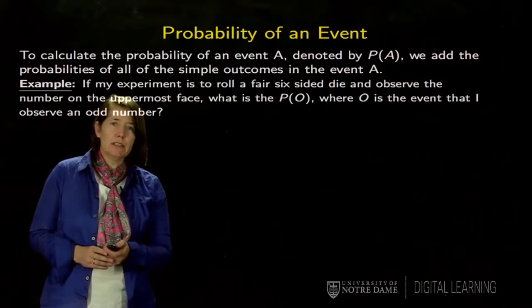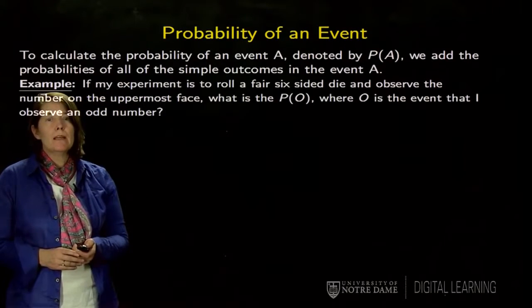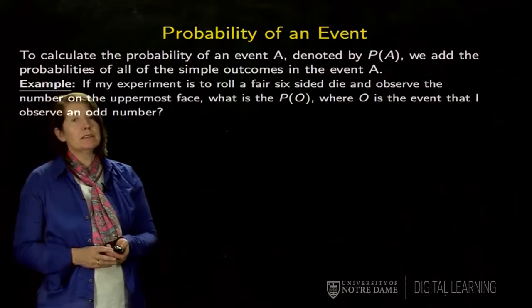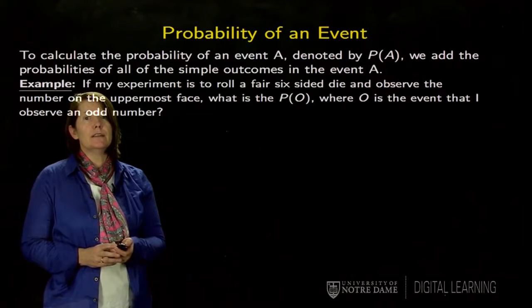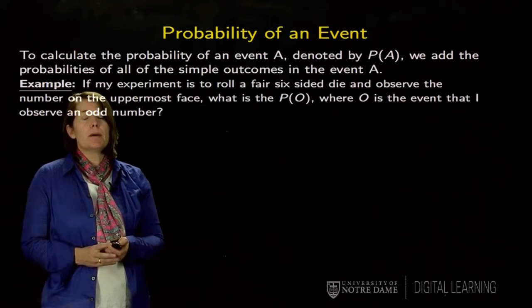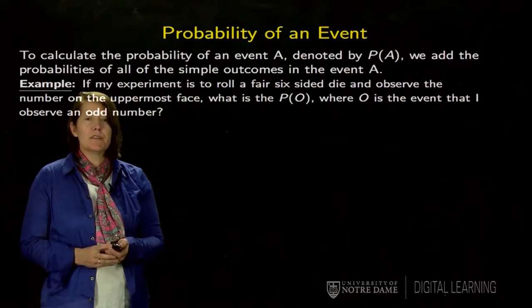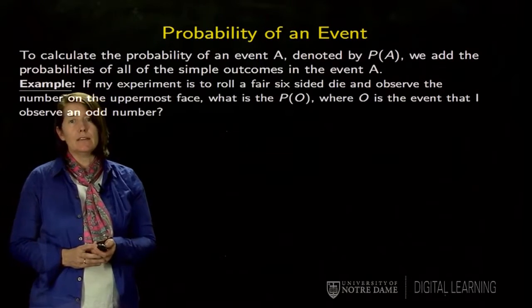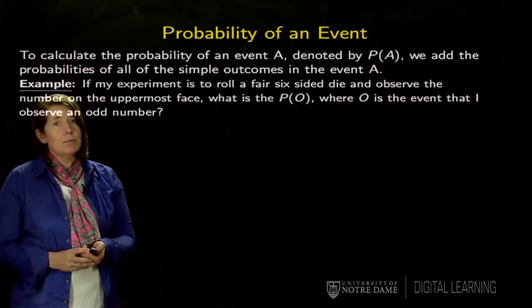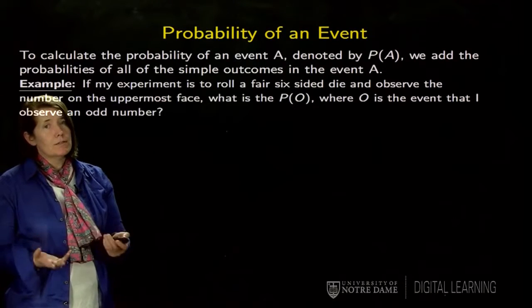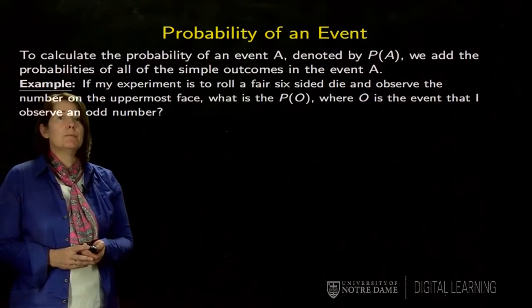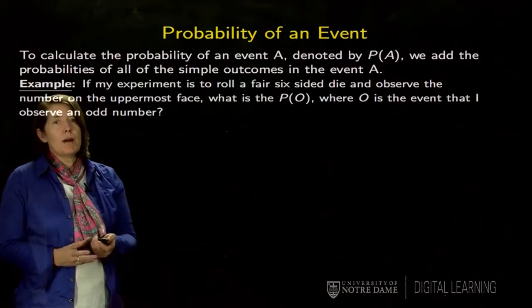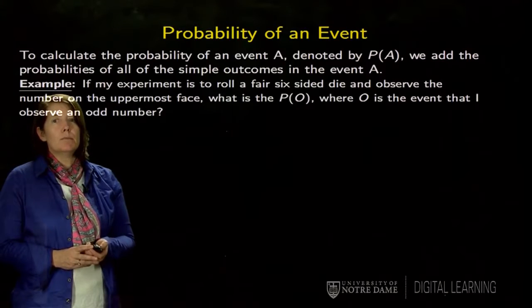What's the probability of an event? Well, to calculate the probability of the event, we list all possible outcomes in the event, and then we add the probability of the simple outcomes in the event. So, for example, if I roll the fair six-sided die and observe the number on the uppermost face, what's the probability that the number is odd?